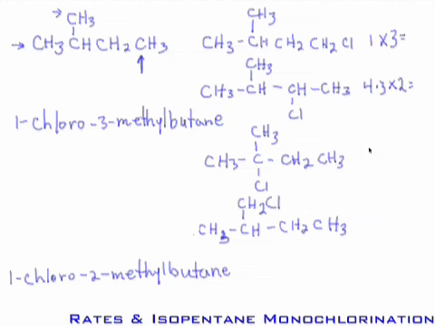Its relative rate is 6, so 6 times 1. And lastly, another primary, the 1-chloro-2-methylbutane, but any of these methyls could give it, so there's 3 there, 3 there, that's 6 hydrogens. 1 times 6. All right, so I've gotten you started with the chlorination product, and you should be able to figure out your percent composition from here.